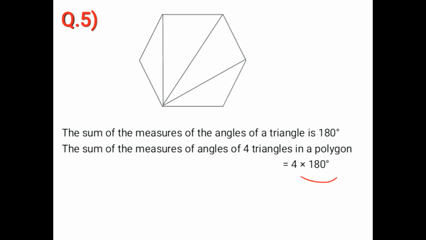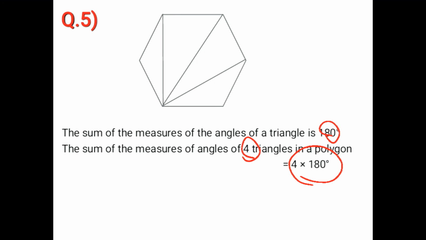Why 4 into 180 degrees? The sum of the measures of the angles of one triangle is 180 degrees. If you find the measures of the angles of 4 triangles, that is more than one triangle, so it should be multiplication. Okay.